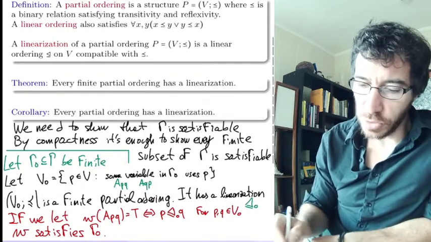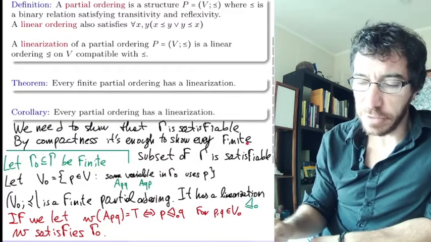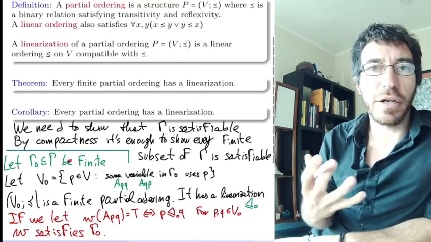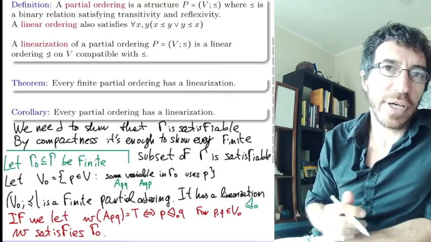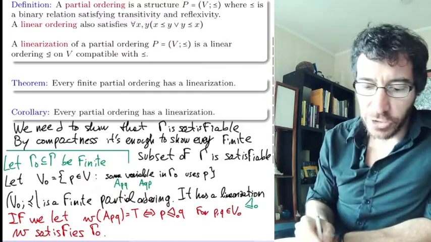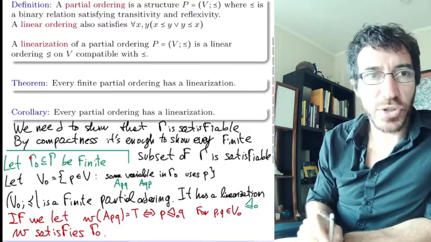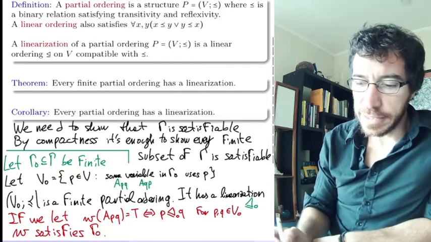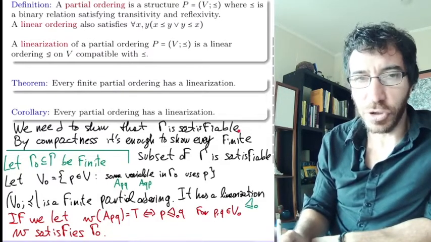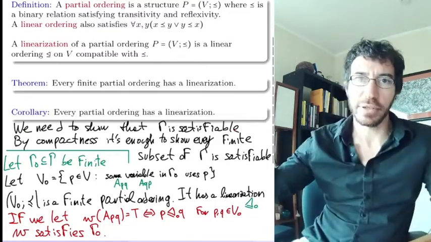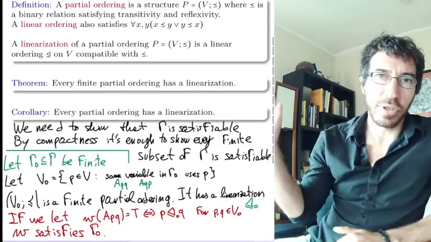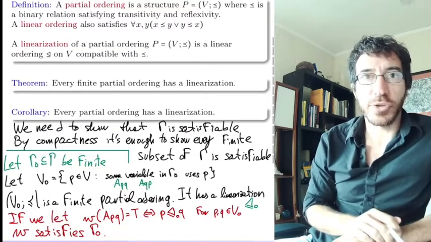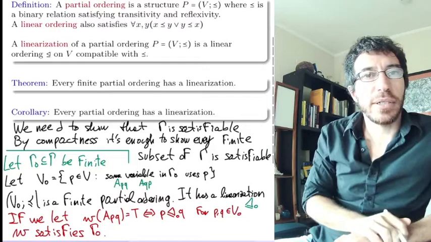We needed to show that every finite subset of gamma is satisfiable, so we picked a finite subset and found a way of satisfying it. To satisfy it, we had to linearize the partial ordering that mentions only the P's and Q's that show up there. And now compactness tells us that all of gamma is satisfiable. All of gamma uses all the P's and Q's from the whole partial ordering P, and since it is satisfiable, there is a truth assignment that makes it true.